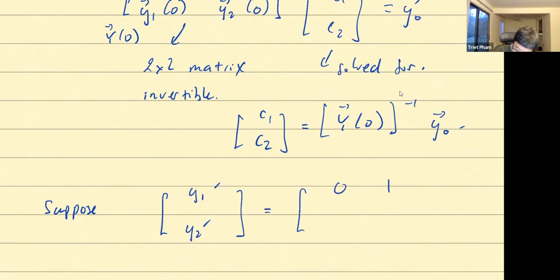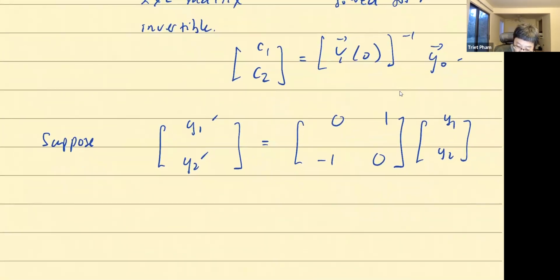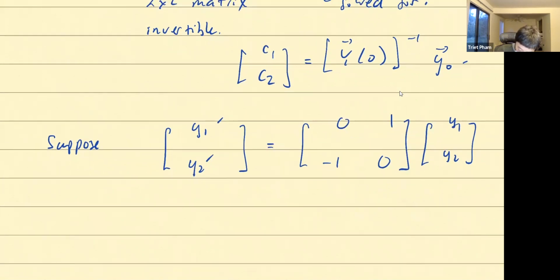So the matrix is 0, 1, minus 1, 0, I think. I'll demonstrate so you see what my notation means. This is the inverse of big Y, not small y. First of all, I claim that one solution is cosine, one solution is sine. So how do I write this?